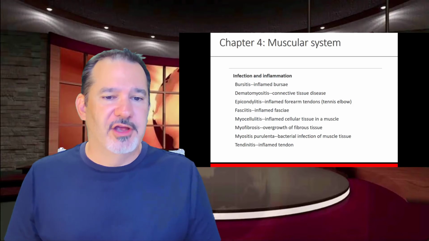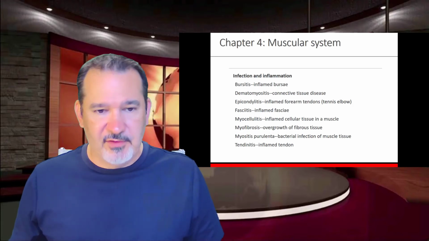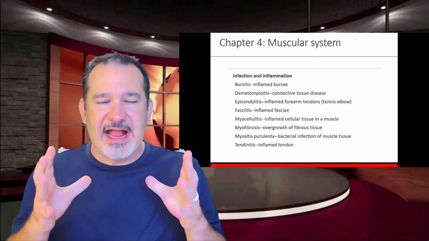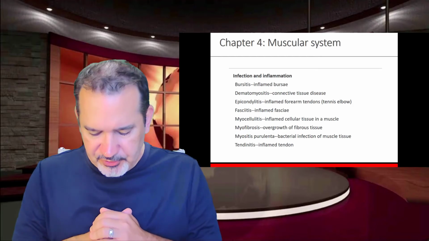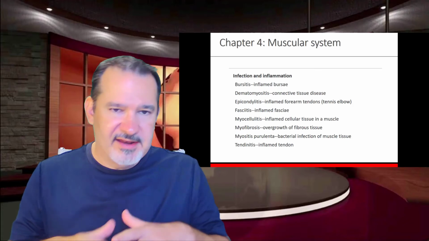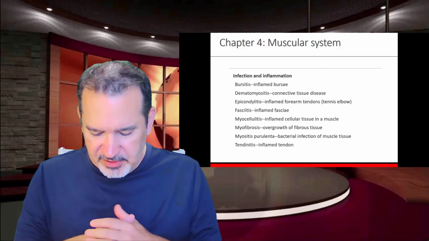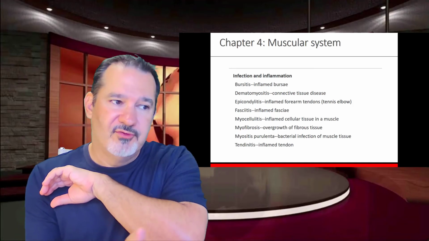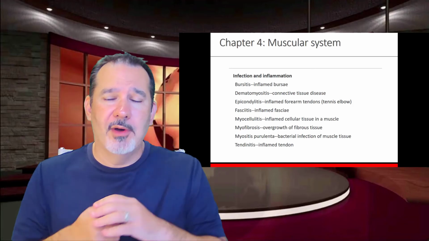Inflammation and infection. Bursitis, which is an inflammation of the sac that has the bursa fluid. Usually these happen around tendons over bony prominences. So things like the knee or the elbow. Seen a fair amount of bursitis in the elbow.